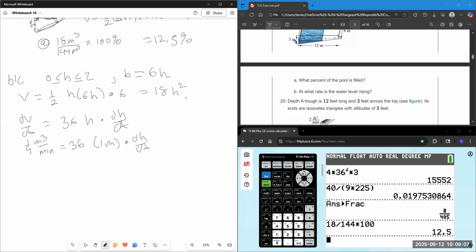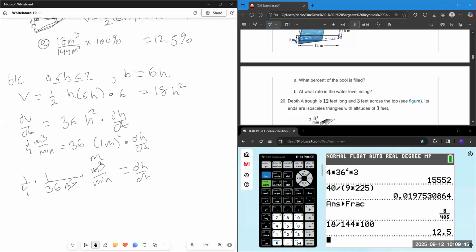So 1/4 times 1/36, and this is squared. So this is going to be meters squared times meters cubed per minute is dH dt, and meters squared cancel out with meters cubed to leave me with meters.